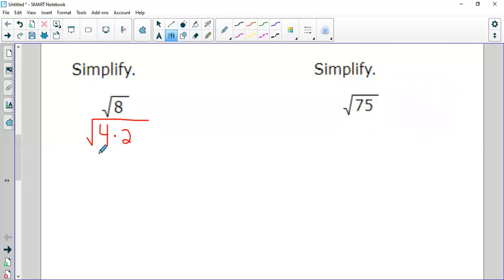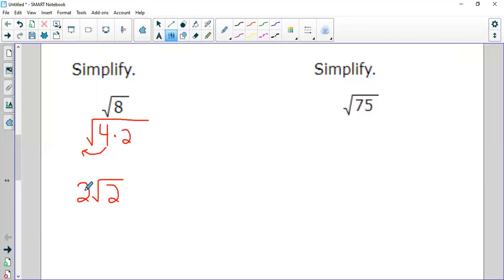The 4 is going to come out of the radical by taking its square root. The square root of 4 is 2. So the 2 comes outside, and the square root of 2 remains inside. And that is my simplest radical form answer.